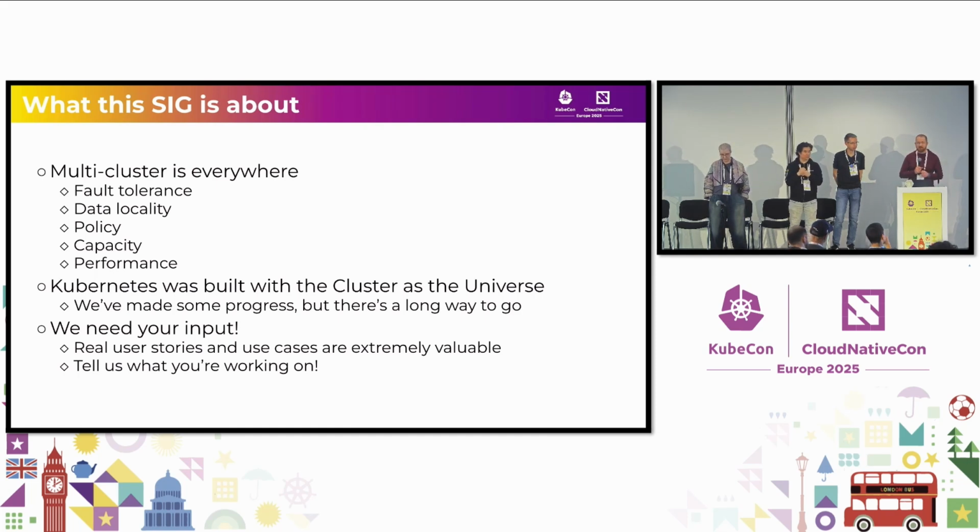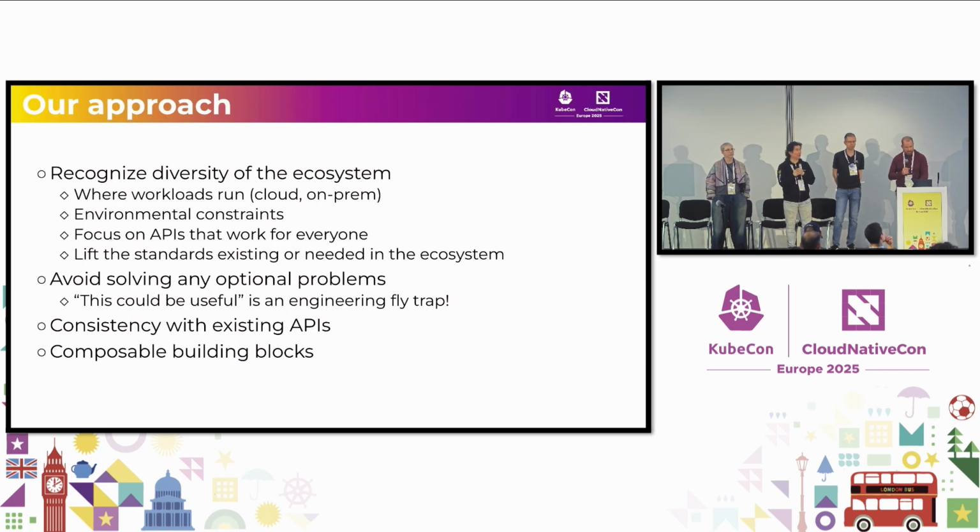We'll talk about these soon, where we've introduced ways to break down some of those barriers, but there's a long way to go, although I feel like less than there has been in the past, and hopefully someday very soon we'll say we did it, but I think it'll be some time. And we really need your input. Everybody here, please come if you have questions or use cases. We'll talk at the end about how you can participate, but we'd love to hear your stories. And thank you to those who have recently come and talked about how they do things.